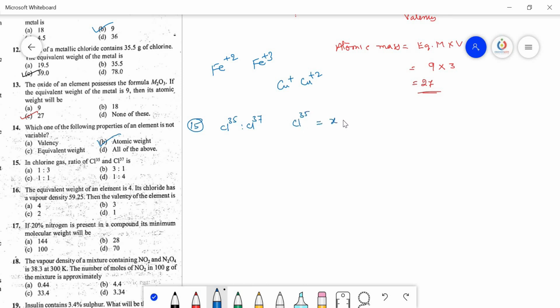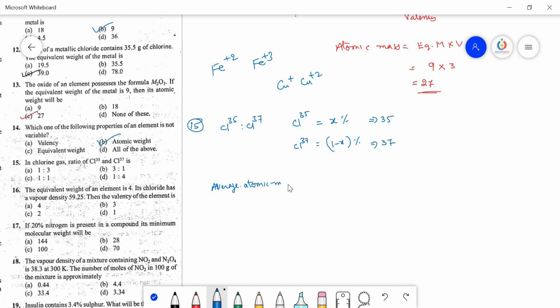Let us consider it as X percent, and the chlorine 37 percentage is the remaining, that means 1 minus X. Here the atomic mass of chlorine 35 is 35 and of chlorine 37 is 37. Now, we know how to calculate average atomic mass.